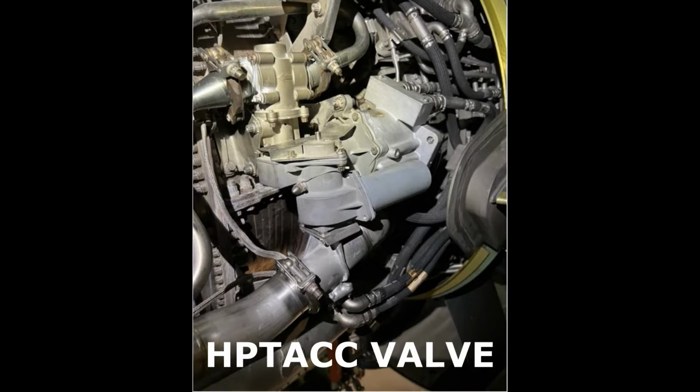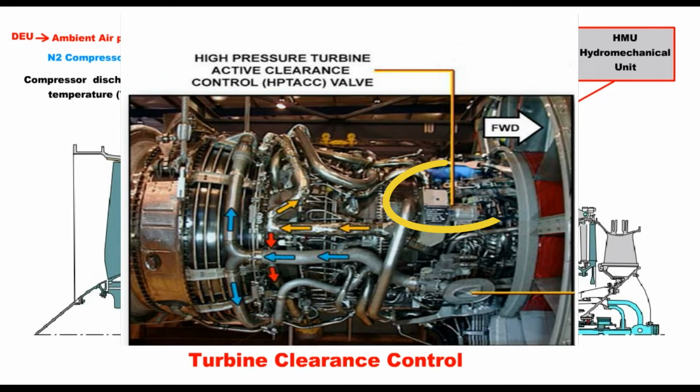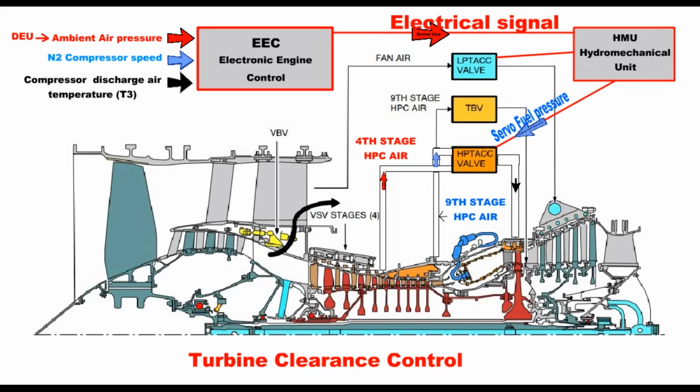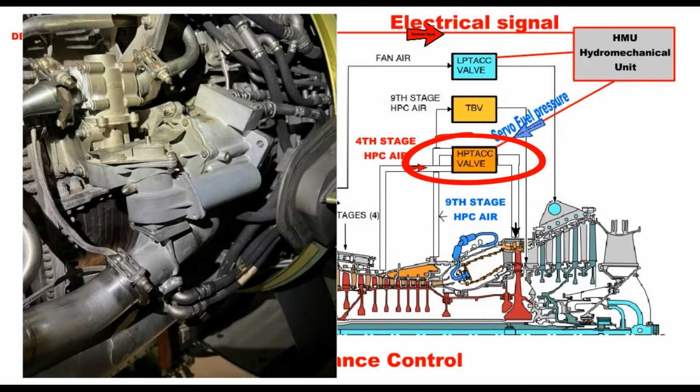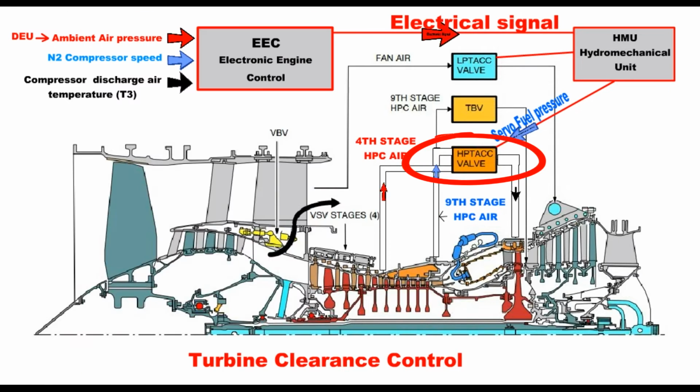The high-pressure turbine active clearance control valve is mounted on the upper right side of the engine high-pressure compressor case. The function of this valve is to mix the 4th and 9th stage high-pressure compressor air and control its flow to the high-pressure turbine case in the appropriate amount and temperature.